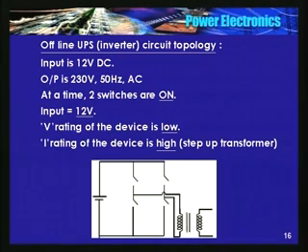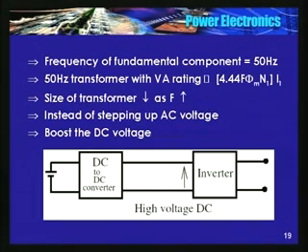So see, if I write the equation, the VA rating is 4.44 into F into phi m into N1 into I1. This is the RMS value of the voltage induced, E1. F is 50 hertz.